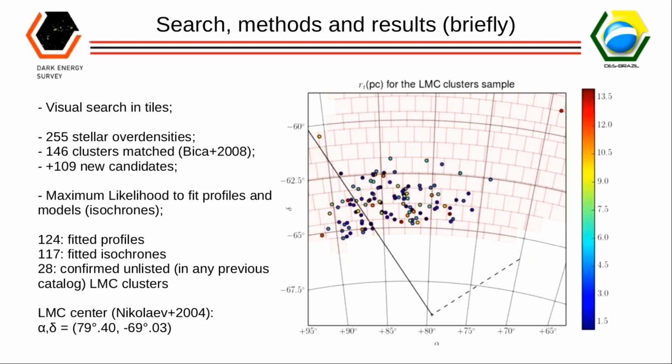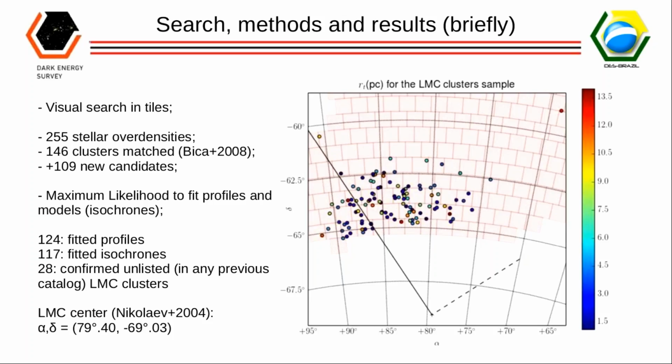In the end of this approach, we fitted 124 profiles for these overdensities, and after fitting the profiles, we fit the isochrones, or the models, for these overdensities, and we find 117 clusters with fitted isochrones and profiles.